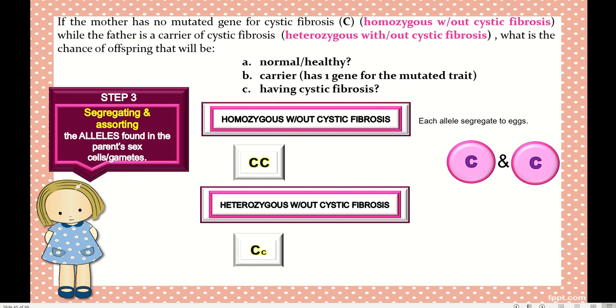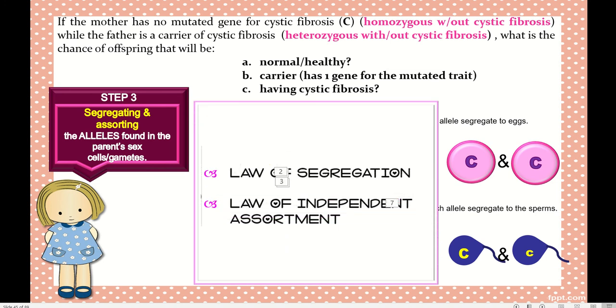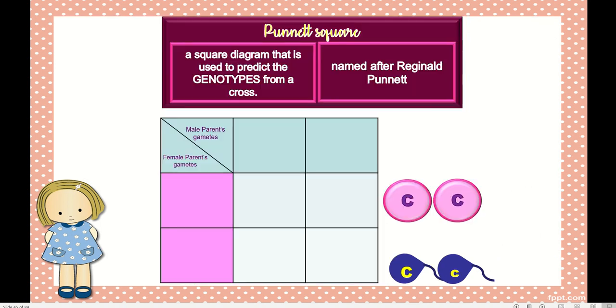On the father's side, capital C is part of the sperm cell, and the other, small c, will be found as part of the allele component of another sperm cell. So what we see is the law of segregation, in which genes or alleles segregate from each other.